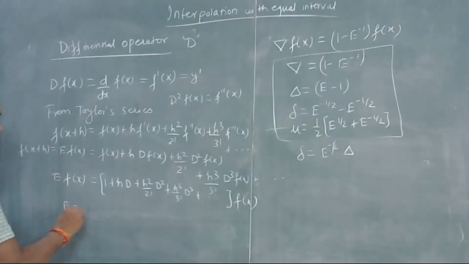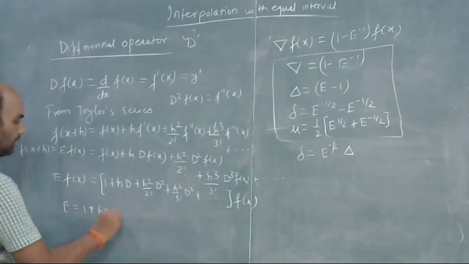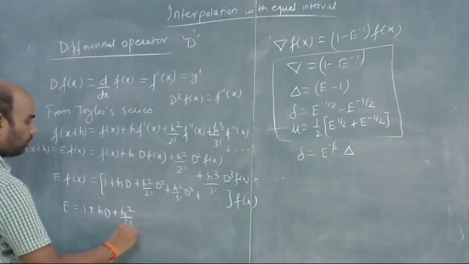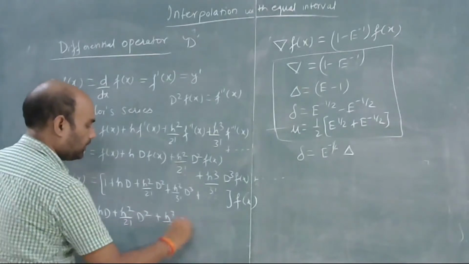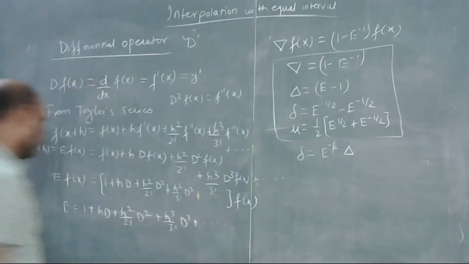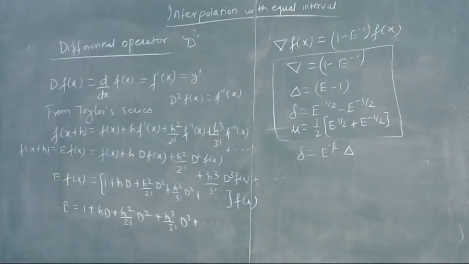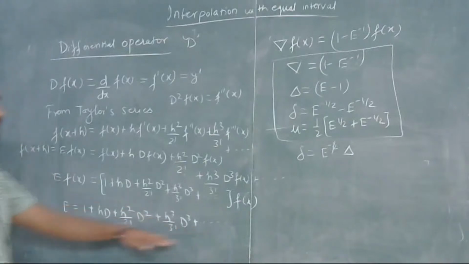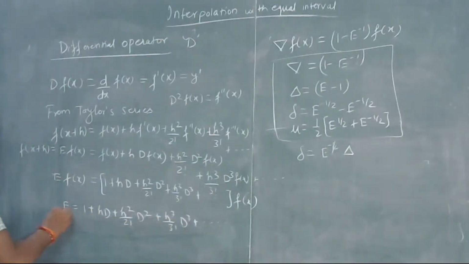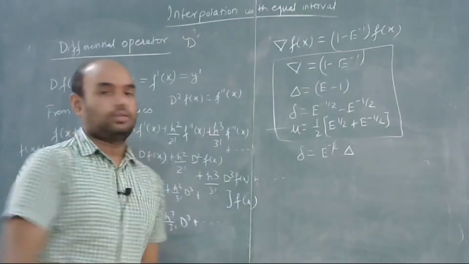So E will be equal to 1 plus hD plus h squared by factorial 2 D squared plus h cubed by factorial 3 D cubed and so on. So what is the value of this expression? Anyone? Give the value of this summation.